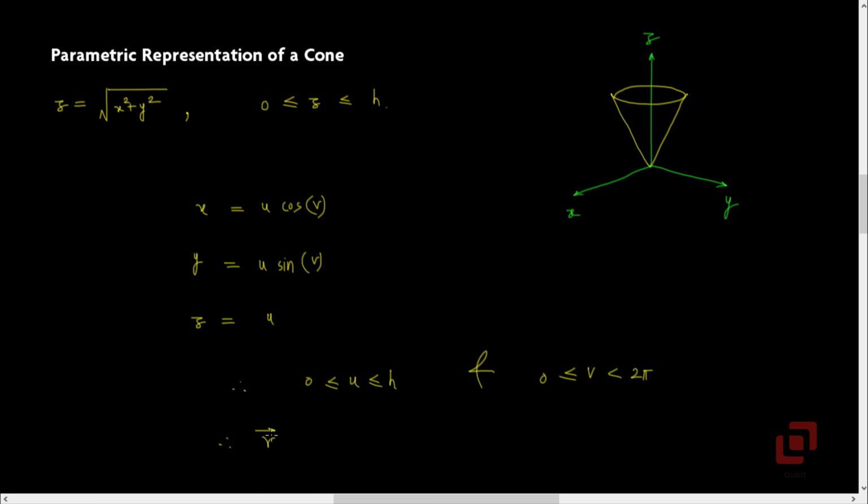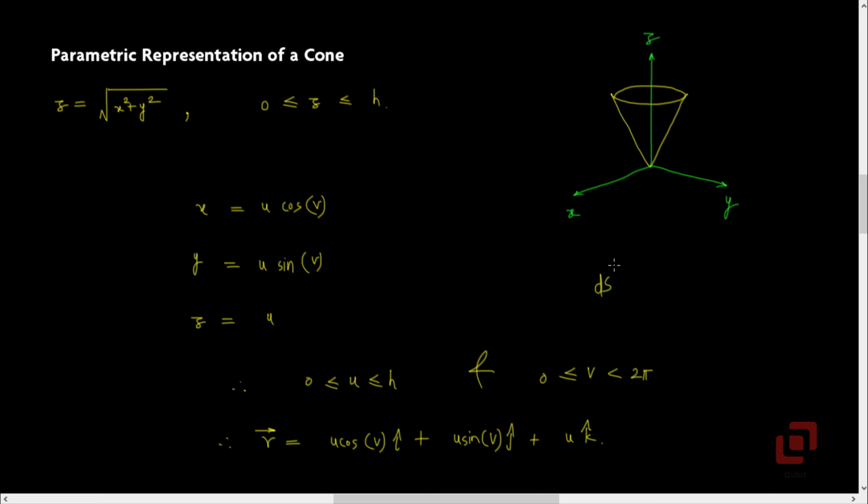Therefore, the parametric representation will be u cos v i cap plus u sin v j cap plus u k cap. So in this section we have parametrically represented the three standard surfaces, which are the sphere, the cone and the cylinder. Let's now go to the last part of the video wherein we will obtain the expression for the elementary surface area dS.